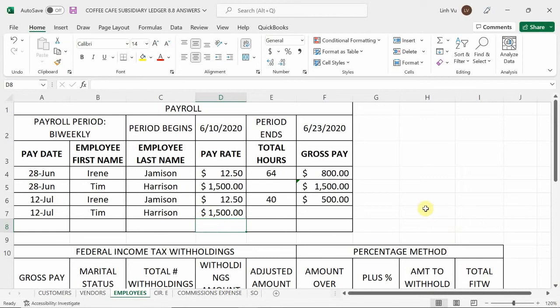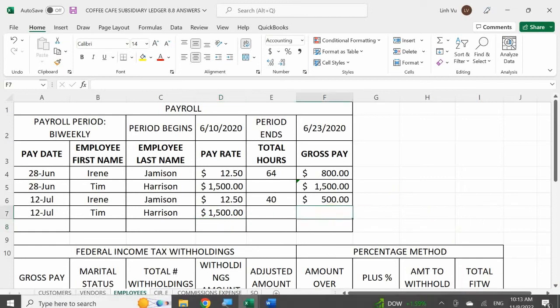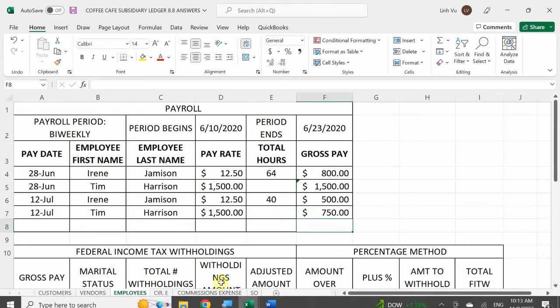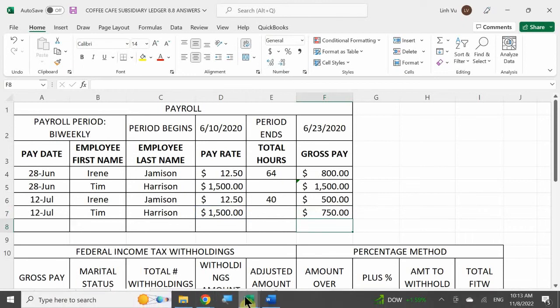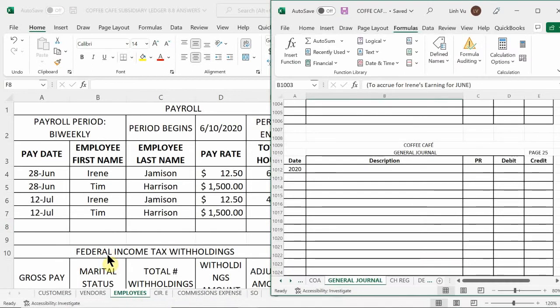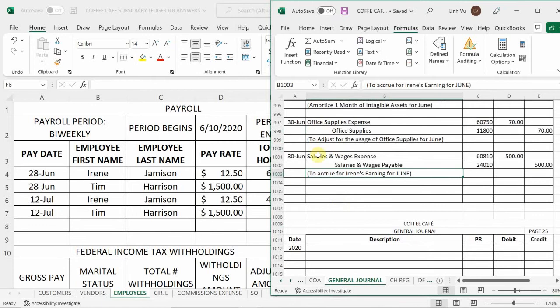Half of 1,500 is 750, and it's going to be exactly like Irene. Salaries and wages expense and salaries and wages payable. But this time it's for $750.